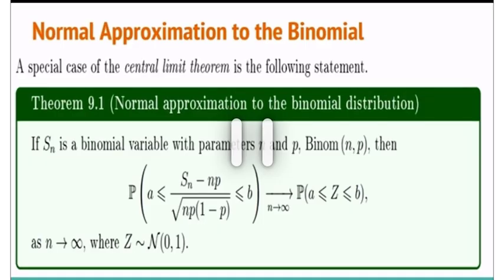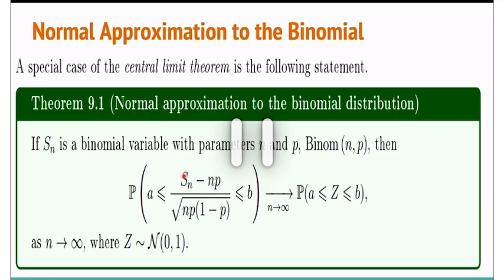Now, take a look at this. If Sn is a binomial variable with parameters n and p, we all know the two parameters in a binomial are n and p. N is the number of trials, p is the probability of success.